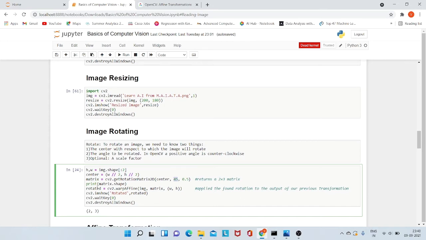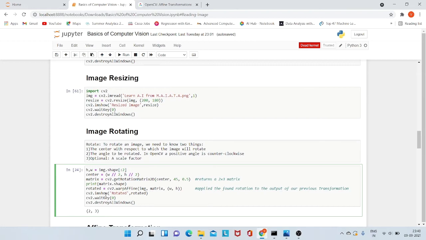Then what we did is rotated equals cv2.warpAffine, and here we gave one of the parameters as our image, and the other parameter is the matrix that we have mentioned here. So it would be the 2 by 3 matrix, and the other parameter is your width and height.